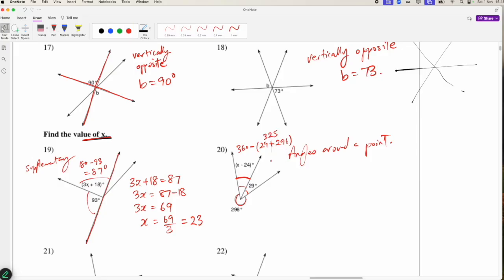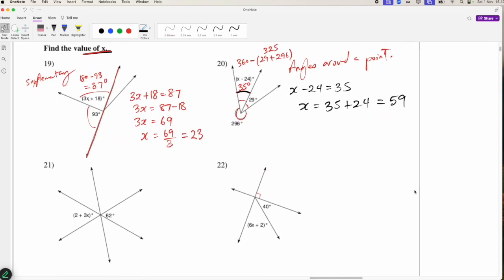So 360 minus 325 means inside of here is 35 degrees. Because inside of here is 35 degrees, that means x minus 24 is going to be 35. X is going to be 35 plus 24, which is 59.